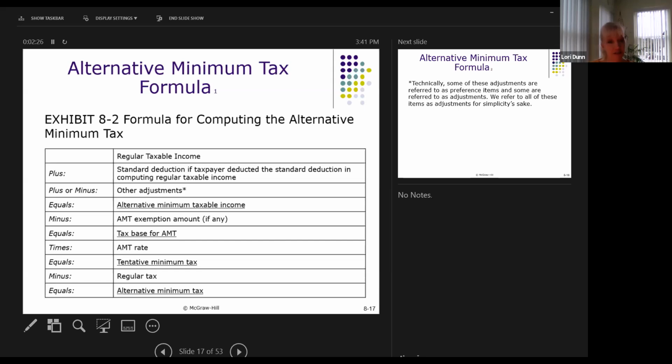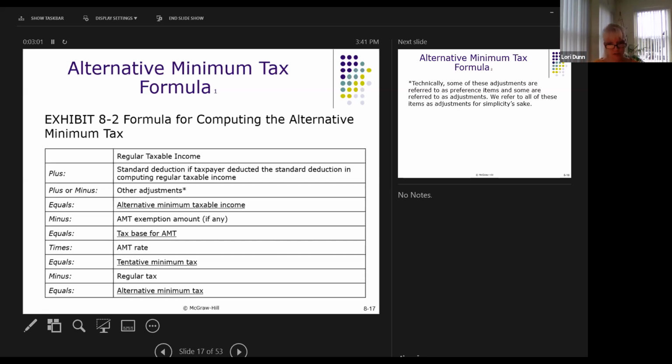But if a taxpayer has been able to take advantage of certain items, either being not taxed or being able to deduct more than usual, then these items are added back or subtracted. Here is how we compute this. We use a form called the 6251, and we're not going through the form itself, but this computation follows the form.